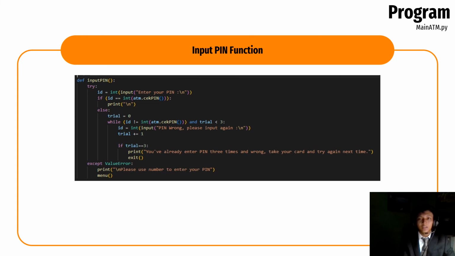Take your card and try again next time, and the program will end. And here I also use try and except in this function to create a message that says please use numbers to enter your pin when the user accidentally enters letters into it.